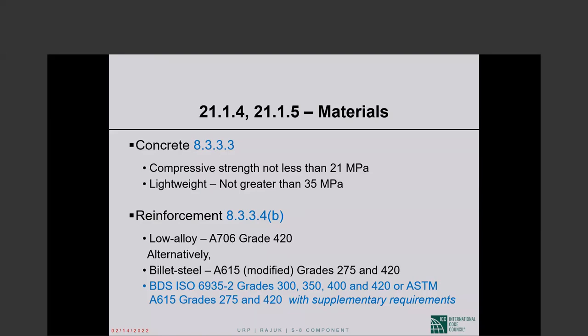ASTM A615 grade 275 and 420, as I mentioned, is allowed, but both for A615 reinforcement and for the BDS 6935-2 reinforcement, we have supplementary requirements which are not part of the ASTM specification or the BDS specification.